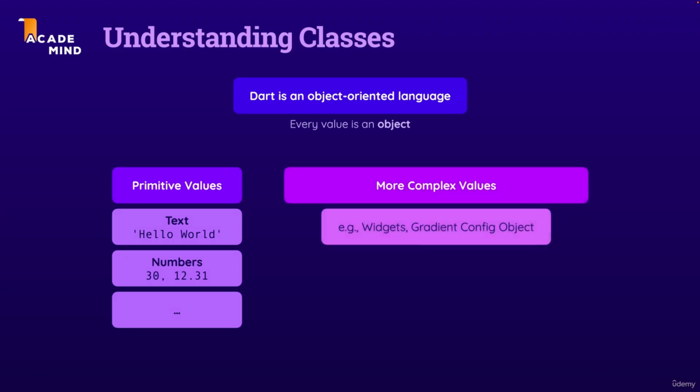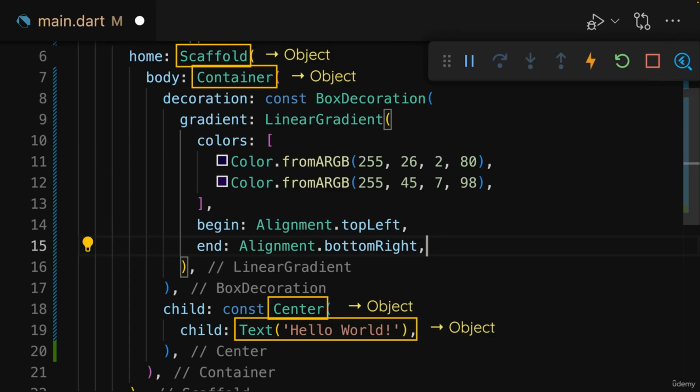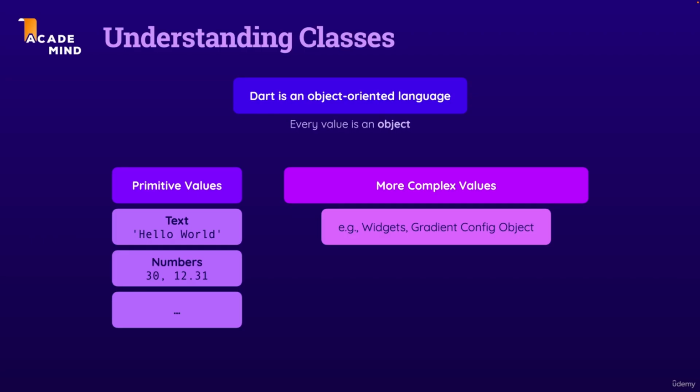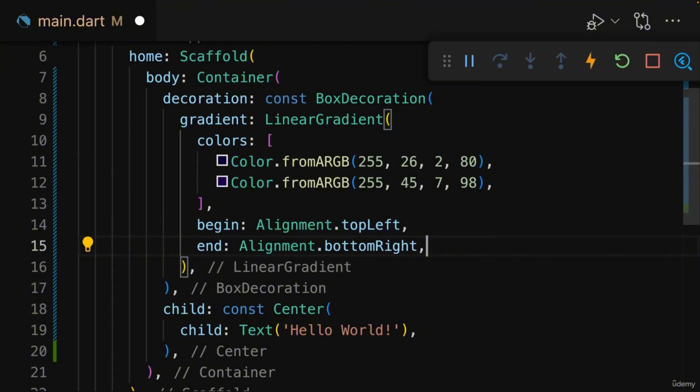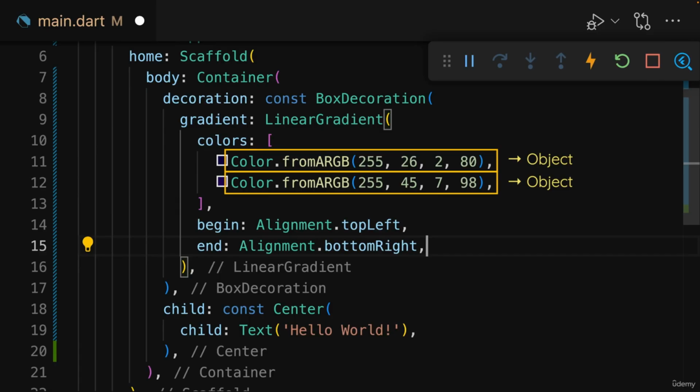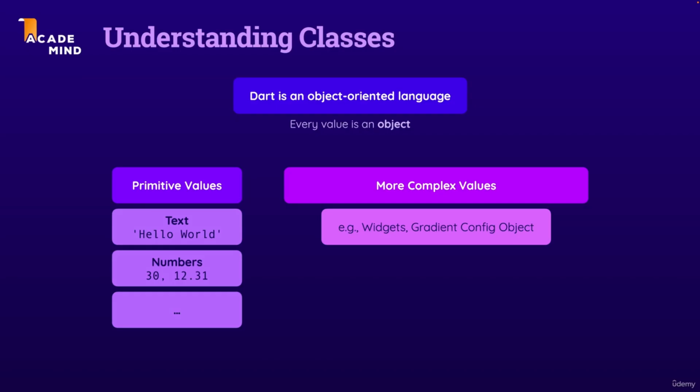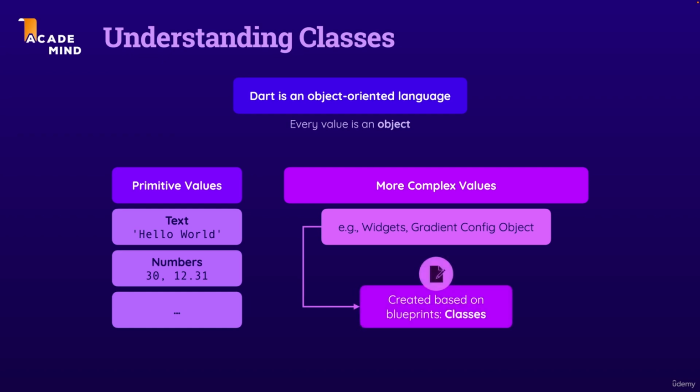But you also have more complex values in your code, like, for example, these widgets, but also these configuration objects which you saw. For example, the object that allowed us to configure our gradient, or the individual color objects. And those more complex values are created with help of classes, because classes in Dart and in many other programming languages as well are simply the blueprints for objects.